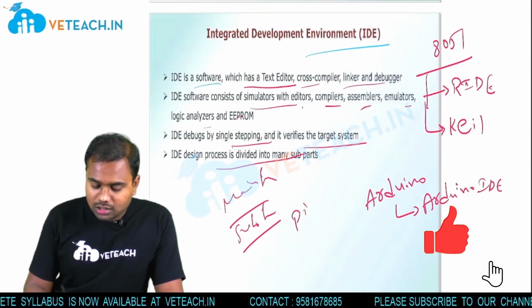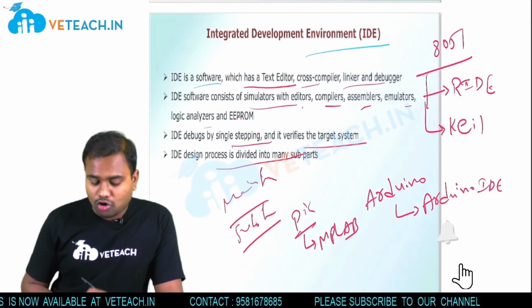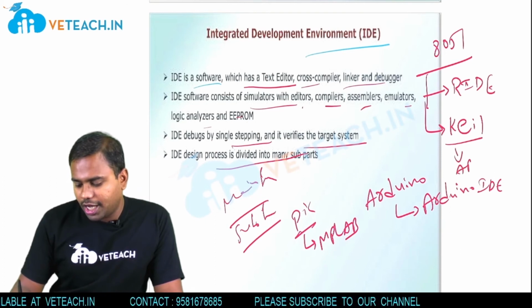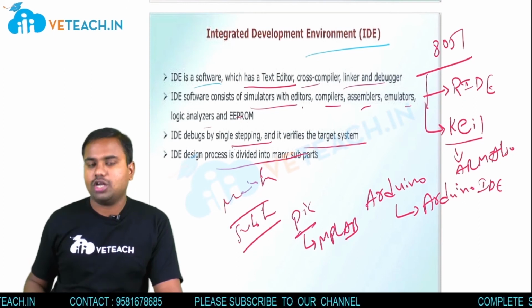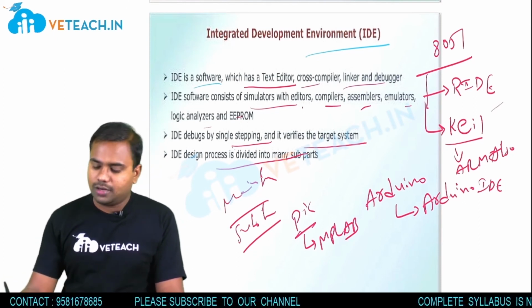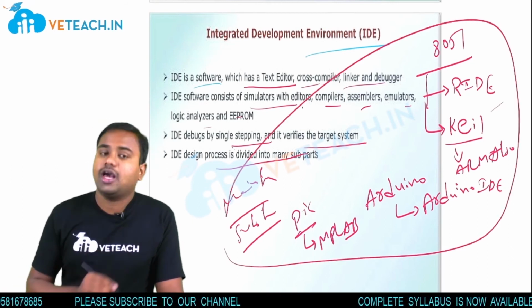If you are going to PIC, it consists of MPLAB. If you are going to ARM7, Keil will be used for ARM also, the Advanced RISC Machine. IDE programming can also run in Keil. So these are the IDEs we have.